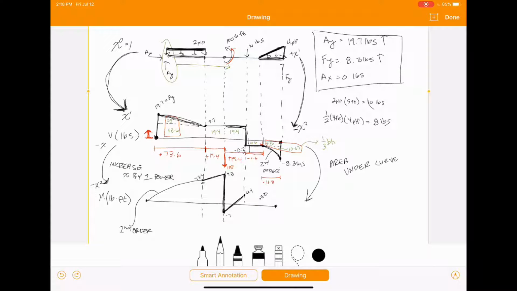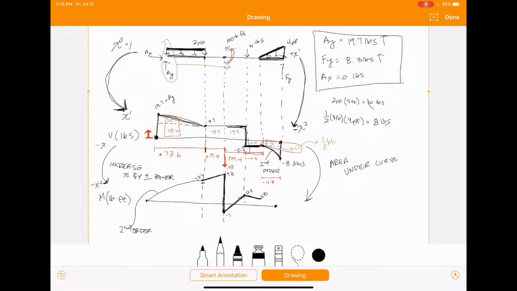Okay, and then to get from 12.4 to 11.8, we've got a negative 0.3x to the 0. So again, we need it to be a negative x to the 1 to get to there. So it's just a negative linear line. And then this one is where it gets fun.